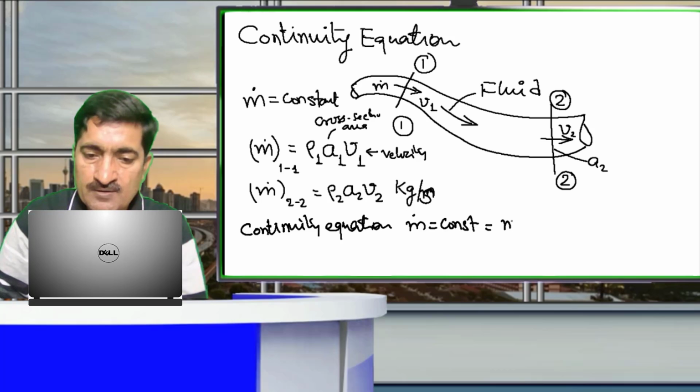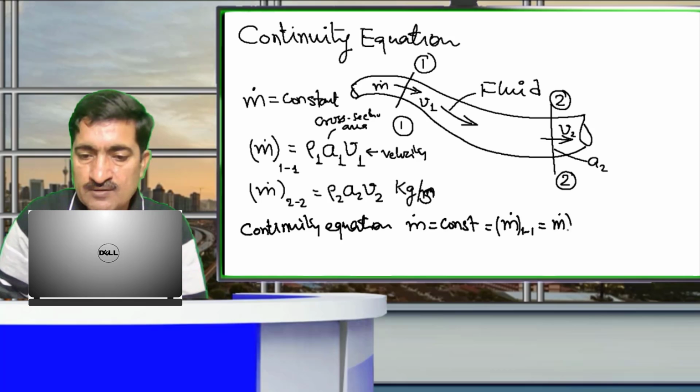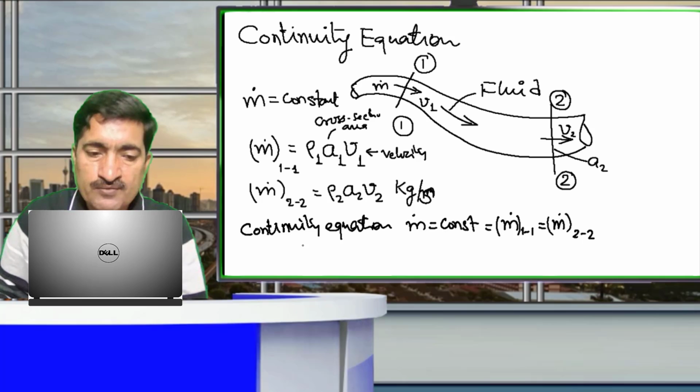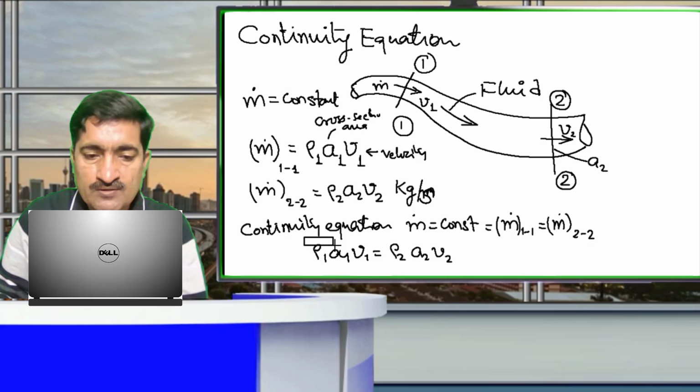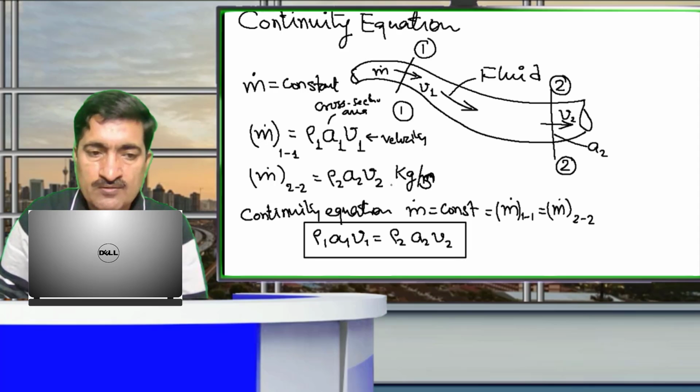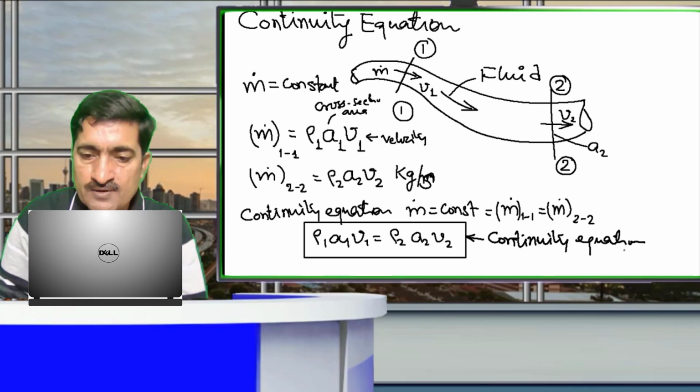The mass flow rate at section 1 is equal to the mass flow rate at section 2, so rho 1 a1 v1 equals rho 2 a2 v2. So this is the continuity equation.